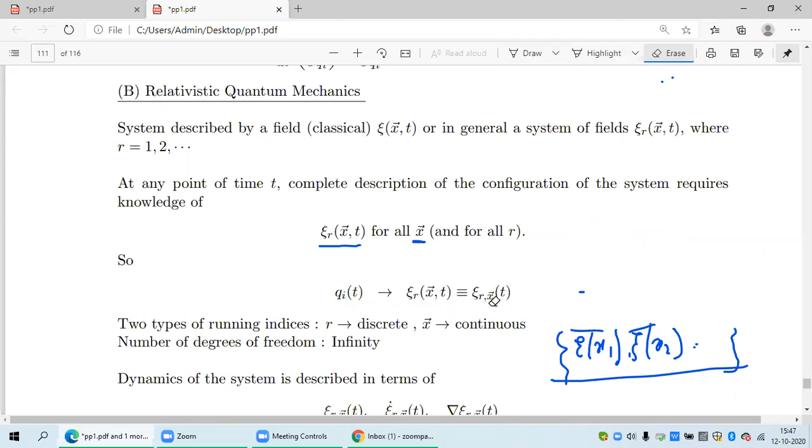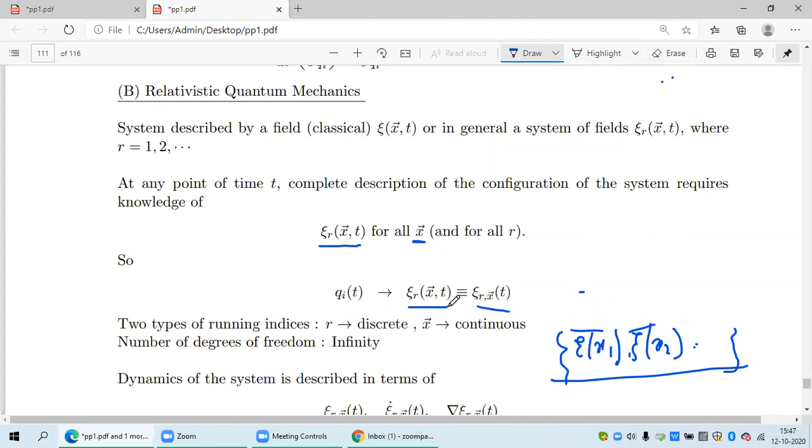No. For a particular time t, you have a function. For a particular time t, the whole field configuration of your space is described by this mathematical function.